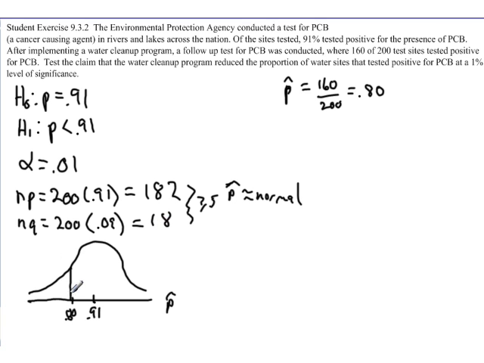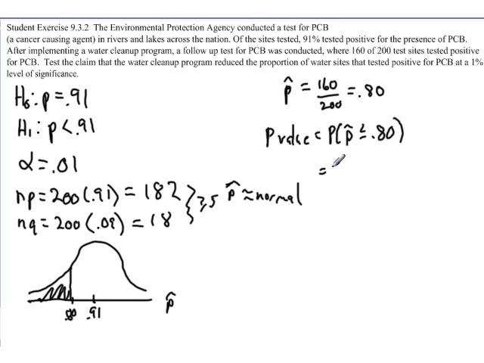So we have a one-tailed test, and so the p-value is going to be equal to the probability that p hat is less than or equal to 0.80. And again, we're ignoring continuity correction here because 0.5 divided by the sample size n is significantly small.